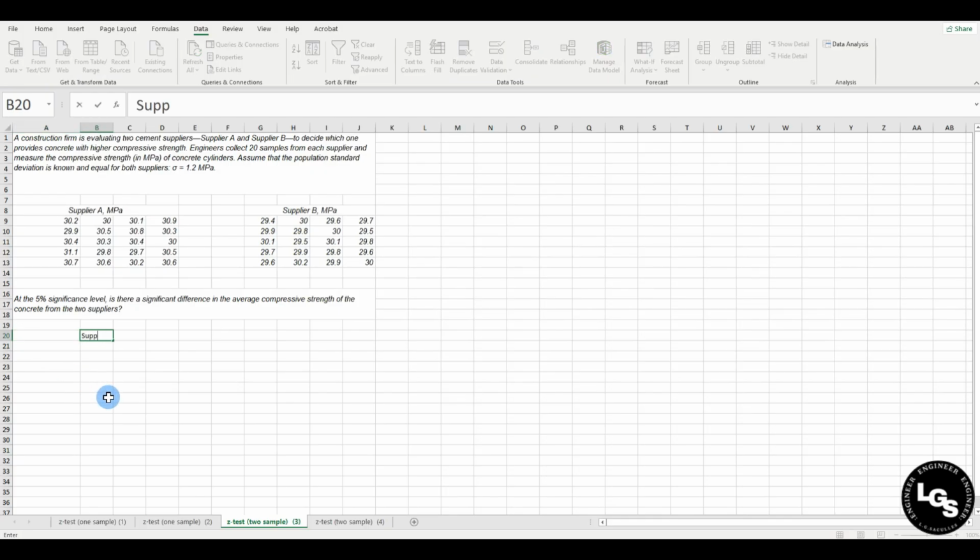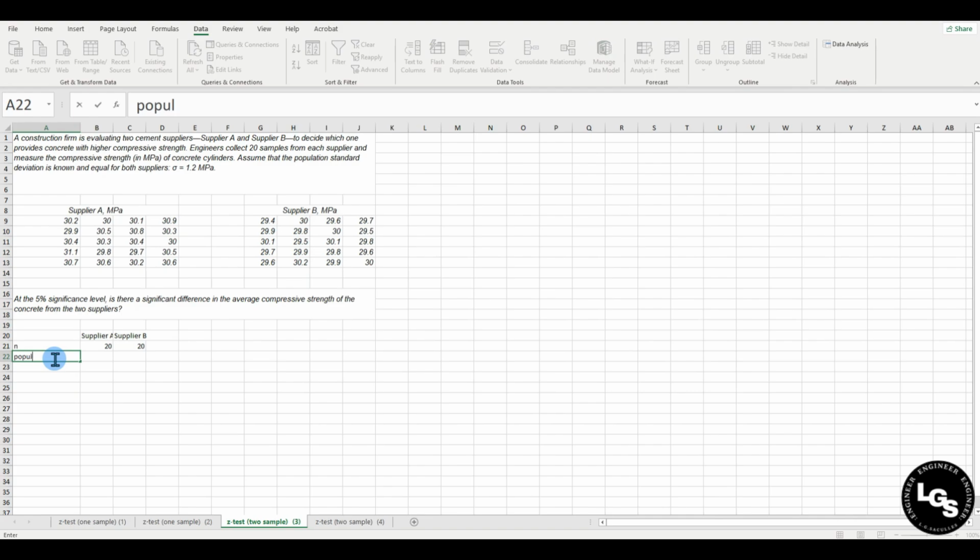So we have two suppliers, supplier A, supplier B. Then each supplier has 20 concrete cylinders. So 20, 20.